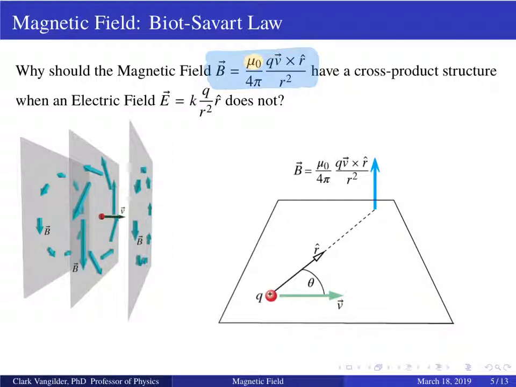And there's always a 4 pi or something involved with it because we're dealing with spherical things. But then there's this other part. So this QV cross product with the direction of motion.